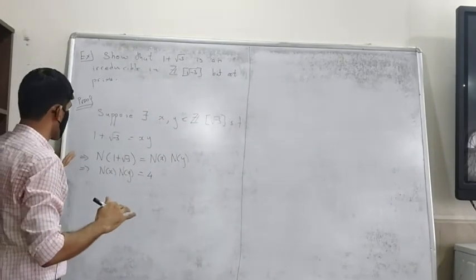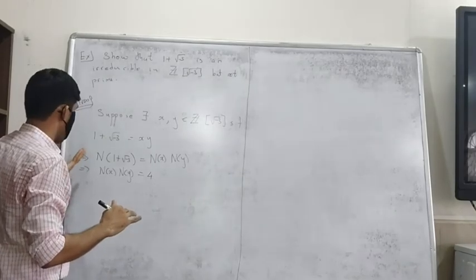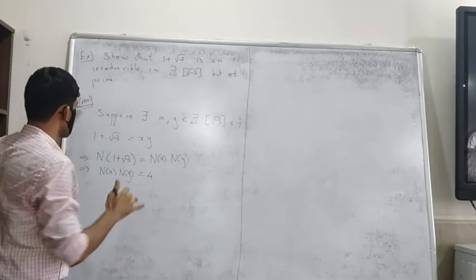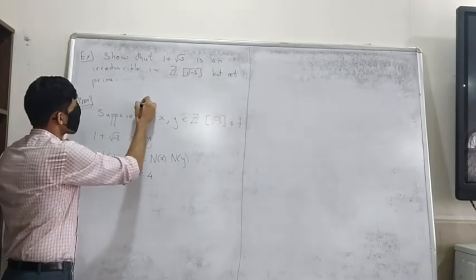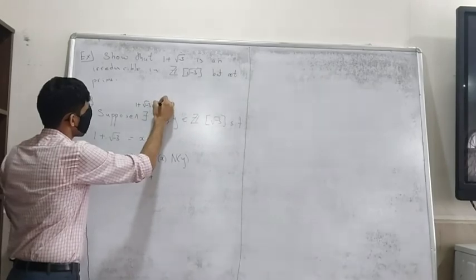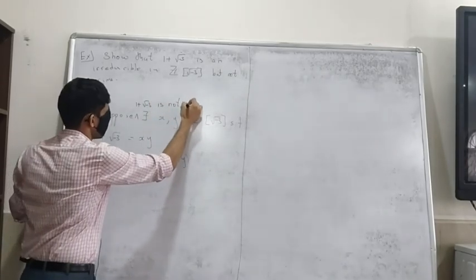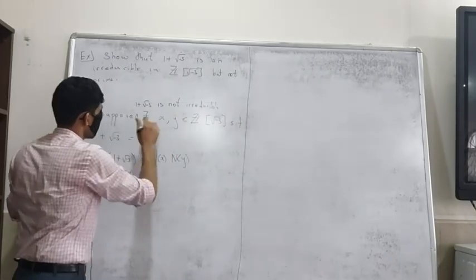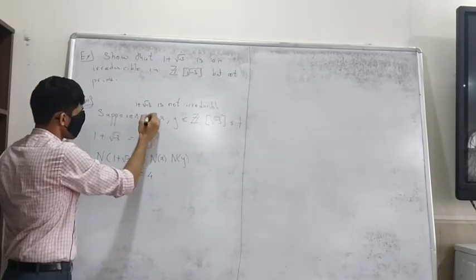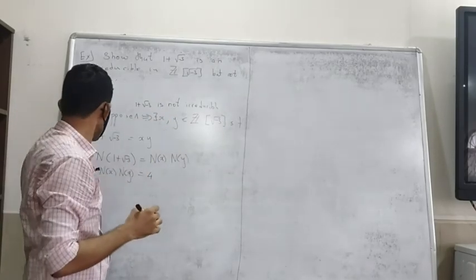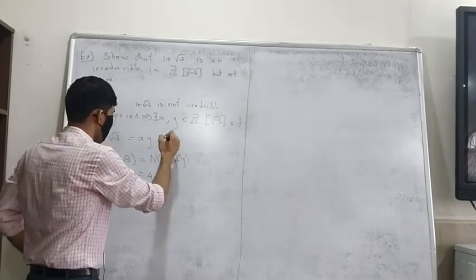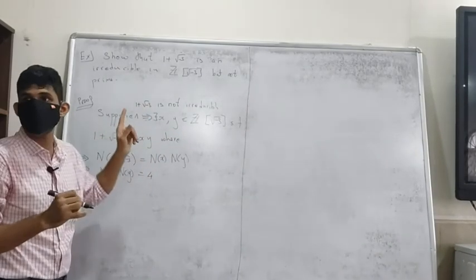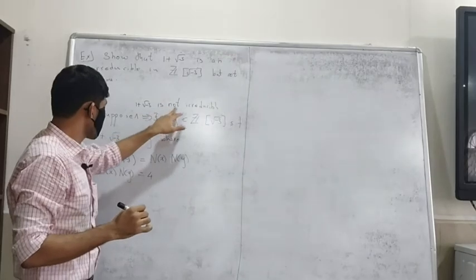I should have written it in a slightly different way. Let us prove it by contradiction. So suppose 1 plus square root of minus 3 is not irreducible. This would mean that there exist x and y such that this is xy.